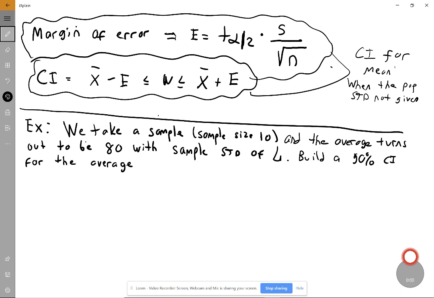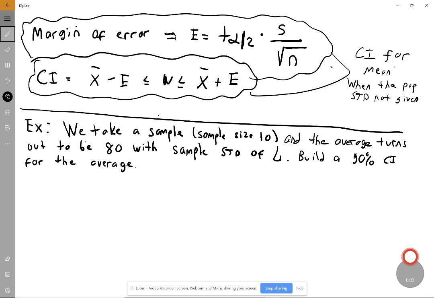Again, the problem is we take a sample and the average turns out to be 80. It could be a sample of anything, right? The sample size is 10 and the average is 80 with a sample standard deviation of 4, and we want to build a 90% confidence interval for the average.